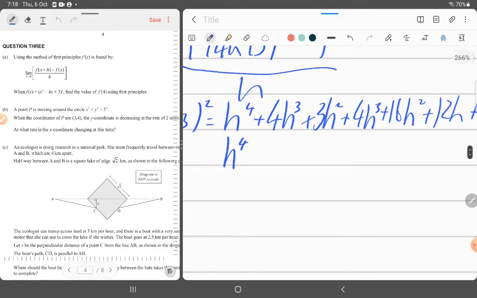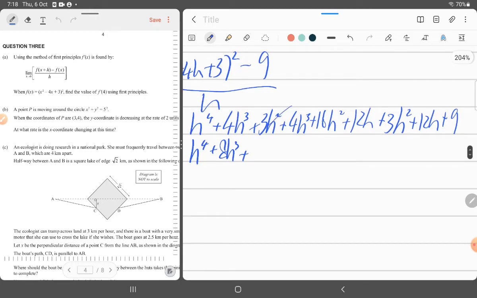So h to the power 4 plus 8h cubed plus 22h squared plus 24h plus 9. To be honest, these numbers don't matter too much, we just include them because we have to.